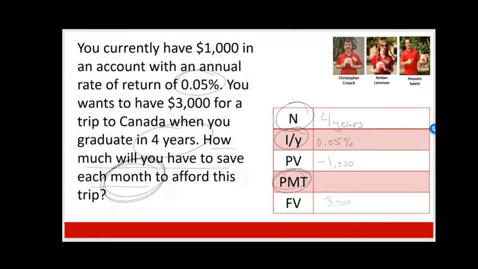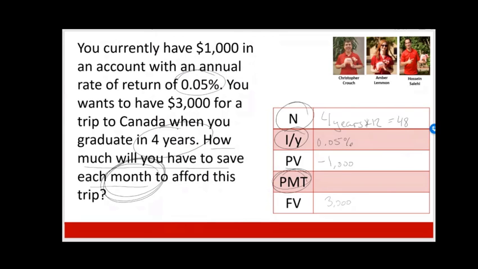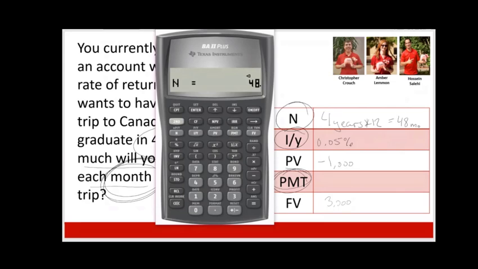So for N, what are we going to do to adjust that per month? It's going to be 4 times 12. Times 12, okay. So I guess we can go back in and put 4 times 12.